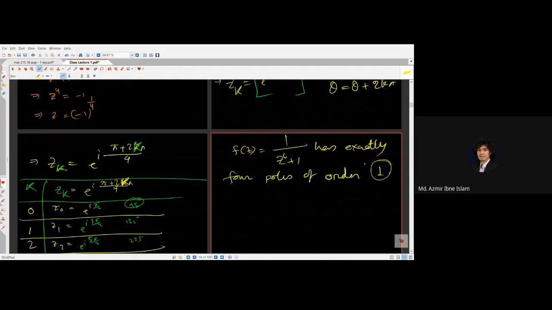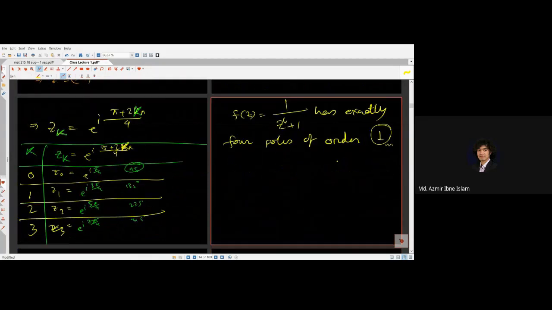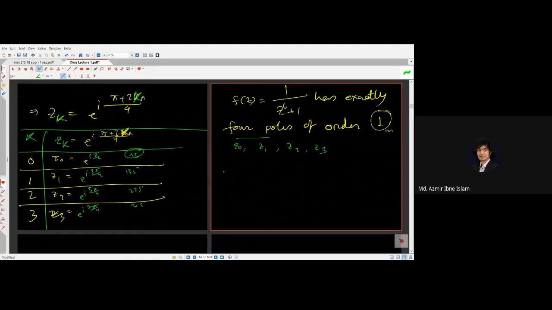This is m. And the 4 poles are z0, z1, z2, z3. These are in polar form. We don't need to convert to rectangular form. So now step 2. Step 2 is to find the residue.